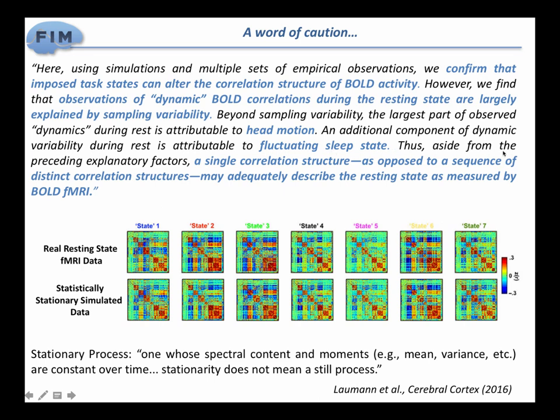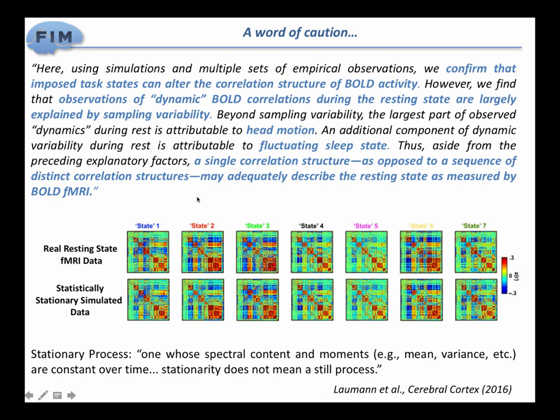And for them, what they conclude is that aside from the preceding explanatory factors, a single correlation structure, meaning what you get out of the stationary analysis that we've been doing in the past, may adequately describe resting state as measured by fMRI. They do a lot of simulations.